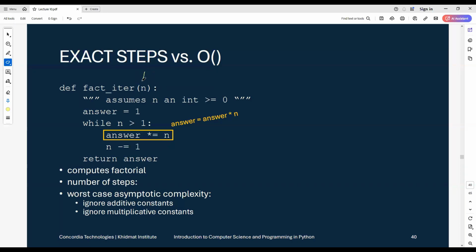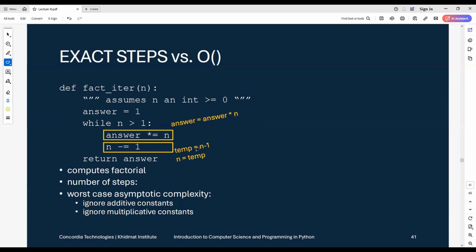The input to that is a number n, and within that we have a loop. Within the loop, we are doing the operation answer times equal to n, which is answer equals answer times n, so we have two operations here, the multiplication and the assignment. Then we have n minus equal to 1, which is another two operations.